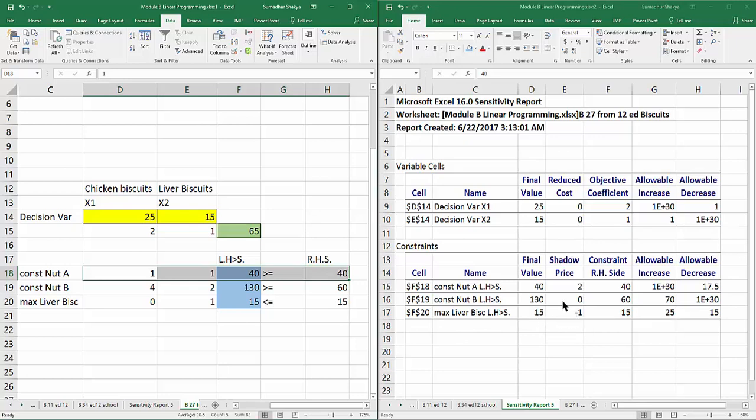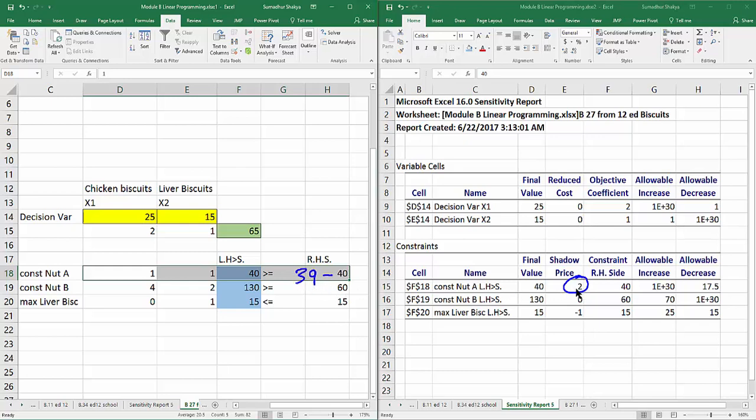Now here you'll see the shadow price is 2, which means the way we would interpret that is, if you were to relax your constraint of 40, now this is a minimum, right? So relaxing the constraint would mean 39.